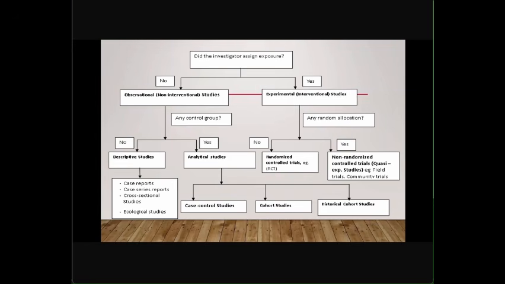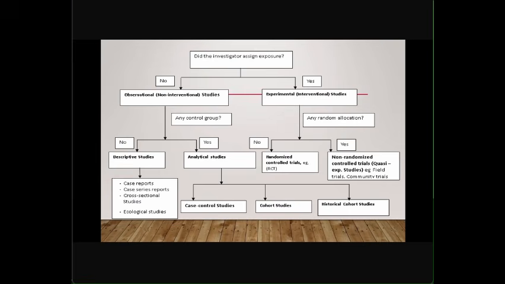So when you are looking at the hierarchy of research evidence, there is original research and review research. For original research, the highest is the randomized control trial, followed by the non-randomized control trial, followed by analytical studies.